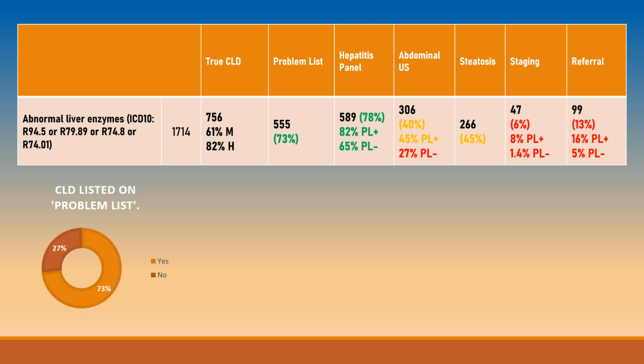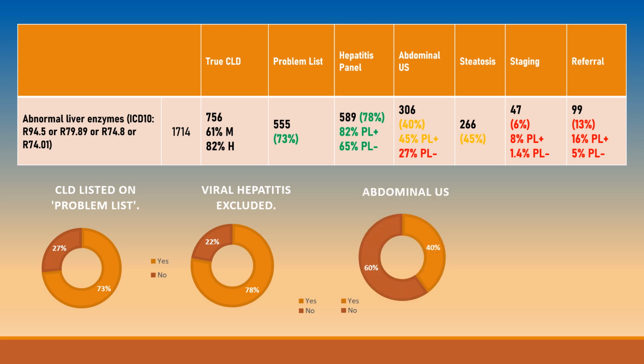Over 1/4 of them did not have chronic liver disease listed among their medical problems. So in 1 in 5, viral hepatitis was not excluded. Less than half had an abdominal ultrasound performed at EBNHC.